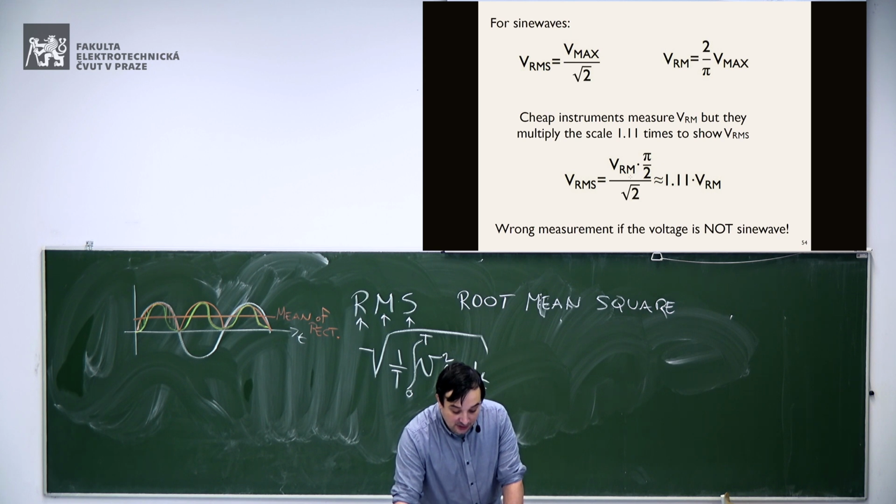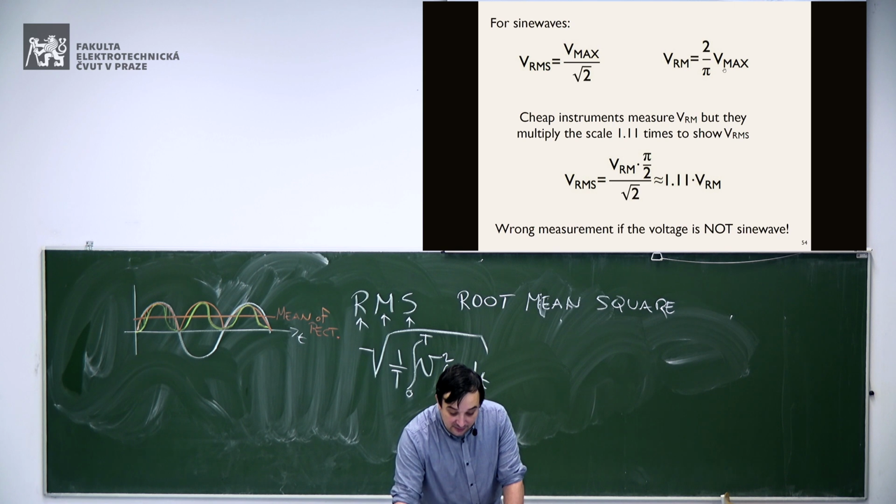So the RMS voltage is the maximum value divided by the square root of 2. Instead of the maximum value, you put the rectified mean value times pi over 2, which comes from this equation.